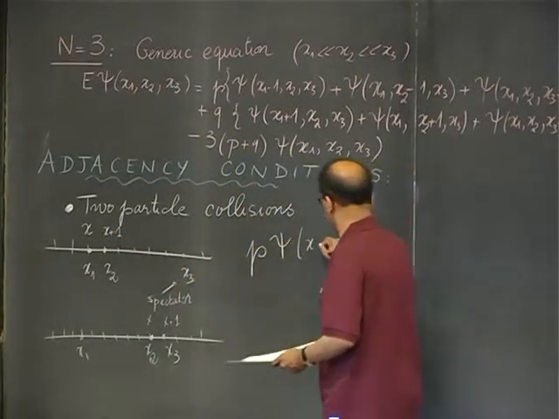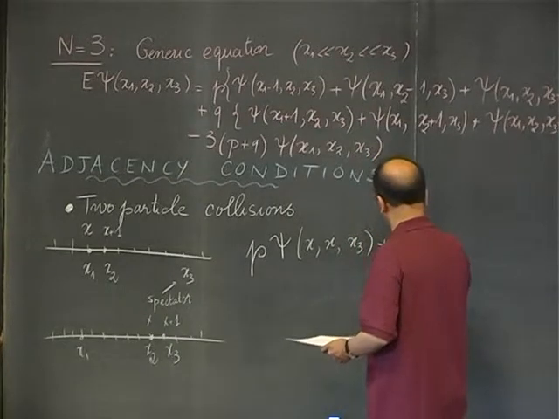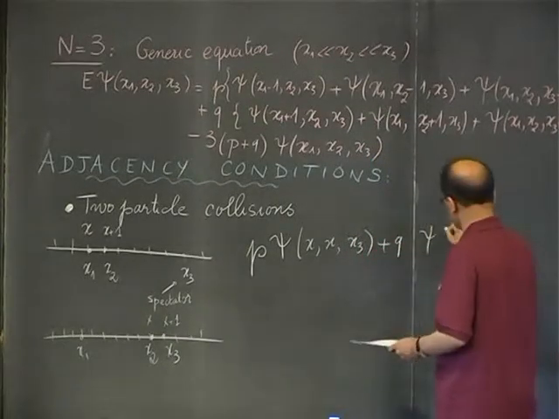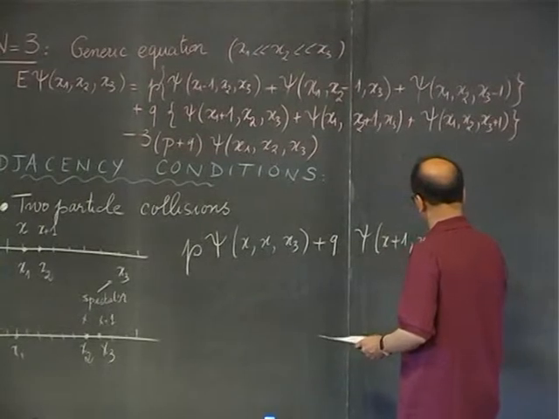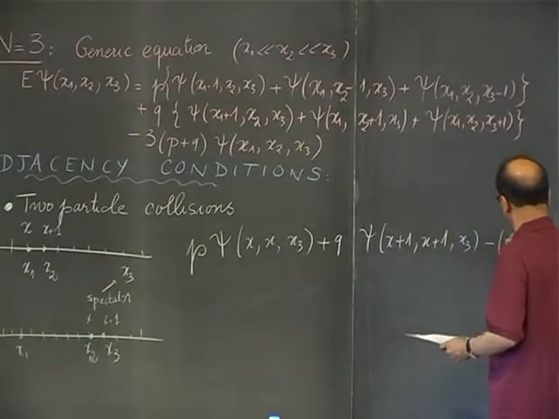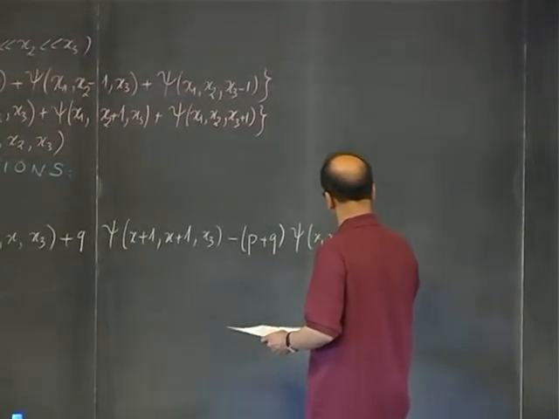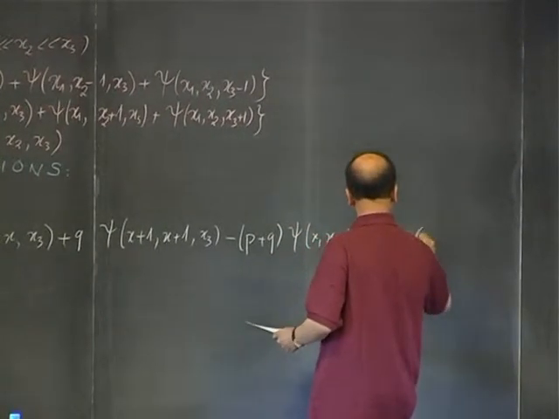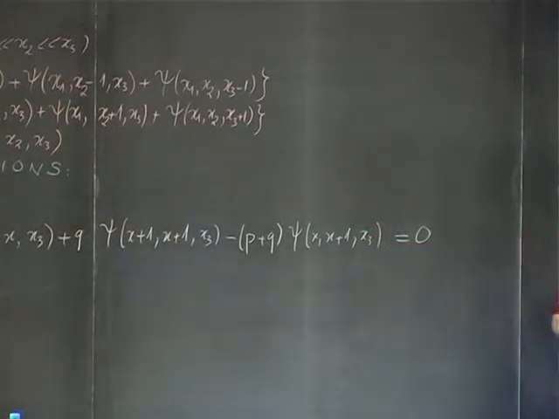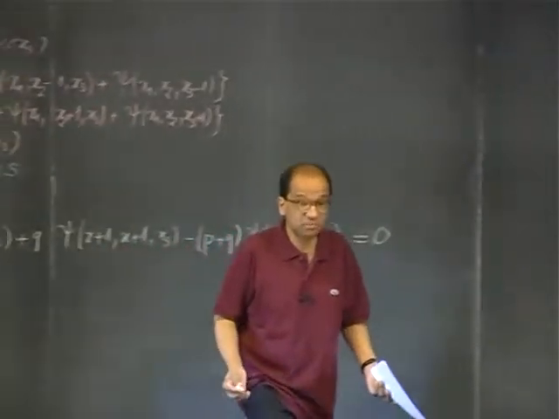So it will look like P of x, x3 plus q psi of x plus 1, x3 minus e plus q psi of x plus 1, x3 equal to 0. x3 really plays no role here. This is exactly the same condition as yesterday for the n equal to 2 case, but with one more index, which is just a dummy.